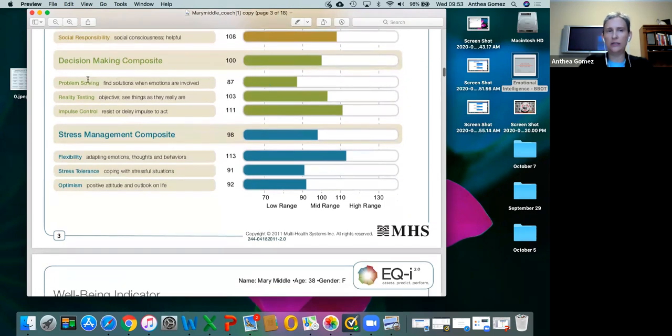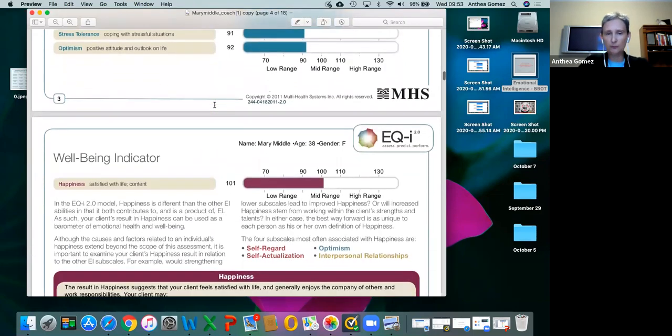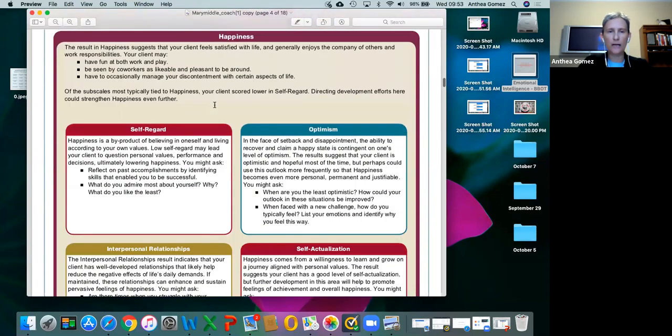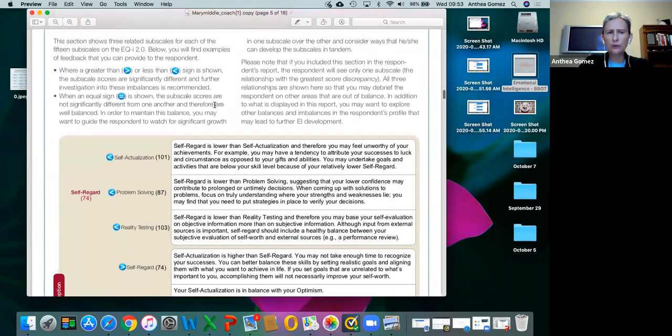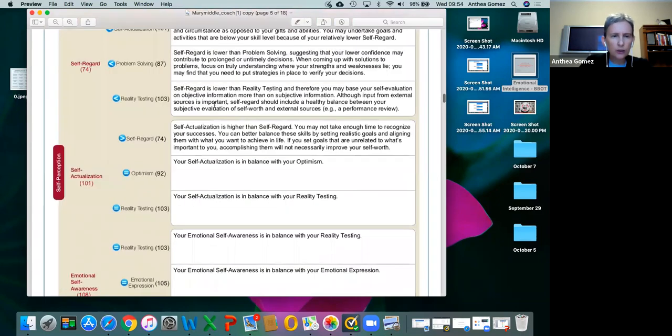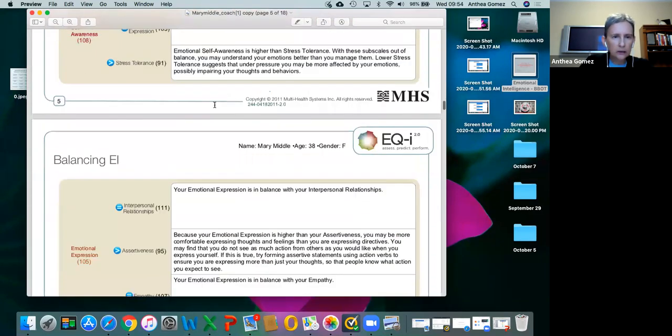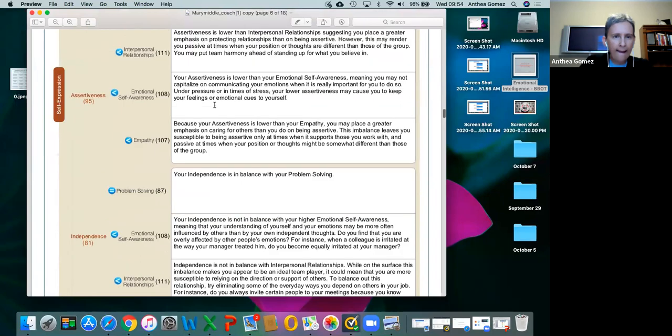Just looking at this one, this person's EI on problem solving is low and the impulse control is high. So they are able to take a look at, well, how do I focus more on finding quality solutions when my emotions are involved? And if I just slowly scroll down to the next piece, it will tell you, and let's see if I can get to the one I just spoke about on impulse control.